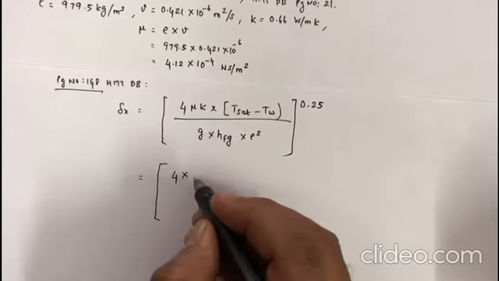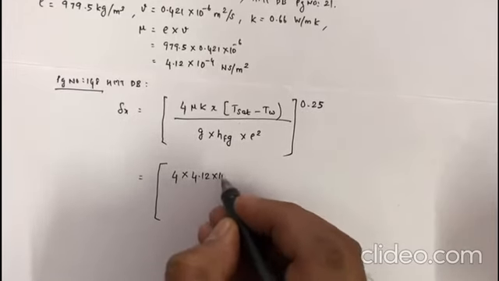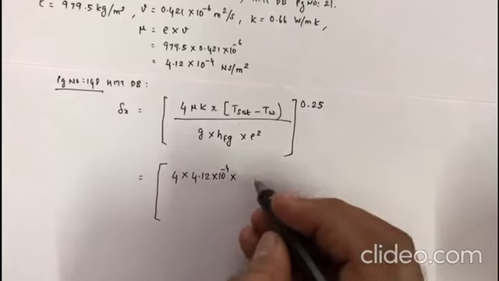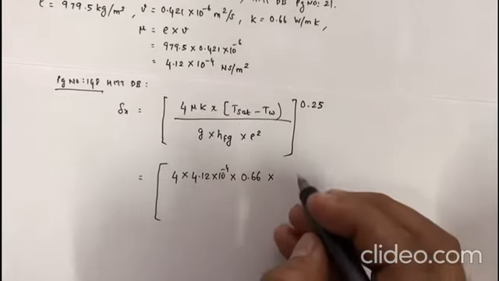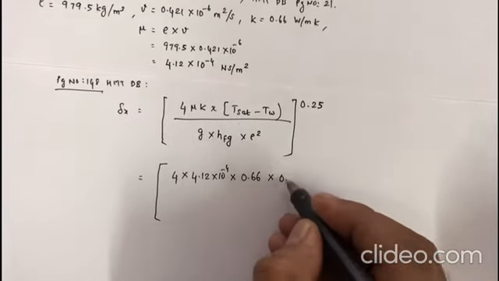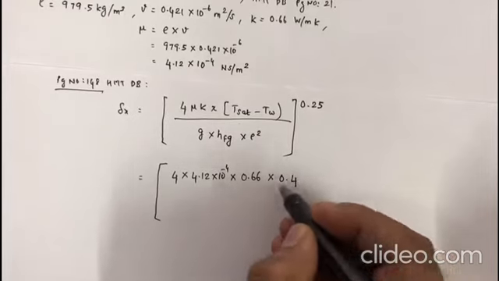So 4 into 4.12 into 10 power minus 4 into 0.66 multiplied by 0.4, which is the length of the plate.